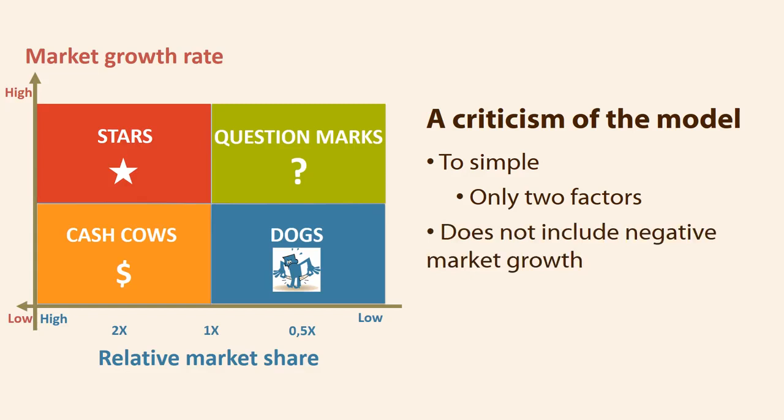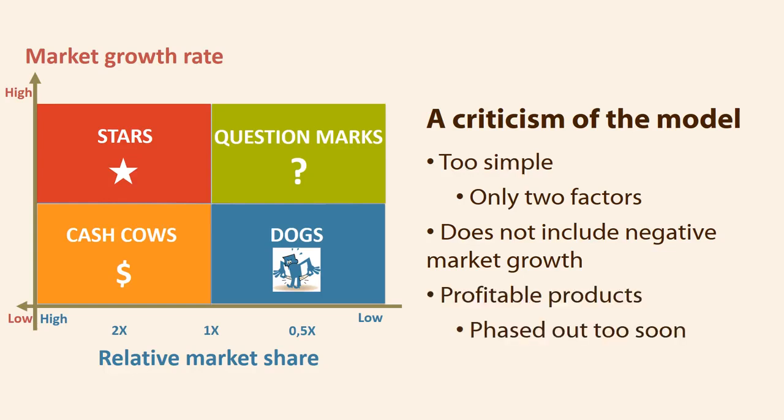Another criticism of the model is that it does not include the product groups that have negative market growth. The latest criticism of the Boston model is about the risk of profitable products being harvested or phased out based on the use of the Boston model, so it can lead to wrong decisions.